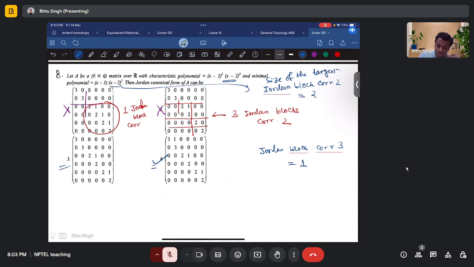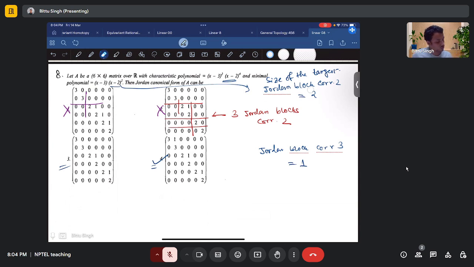Sorry for the error. What I said earlier, the number of times Jordan blocks appear for an eigenvalue, actually gives the geometric multiplicity. So whatever I have just said is actually wrong. Sorry. So we cannot apply this reasoning.